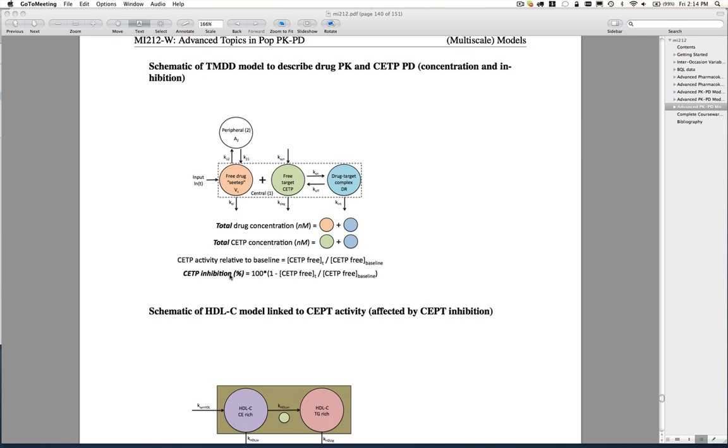And so the inhibition, expressed as a percent, is just 1 minus that, multiplied by 100 to make it a percent form. And so as this free value goes down to near 0, then you're going to have 100% inhibition. As the free returns to a value near or at the baseline, then the CETP inhibition goes to 0. So that's the relationship that I envision there to help fit those data.